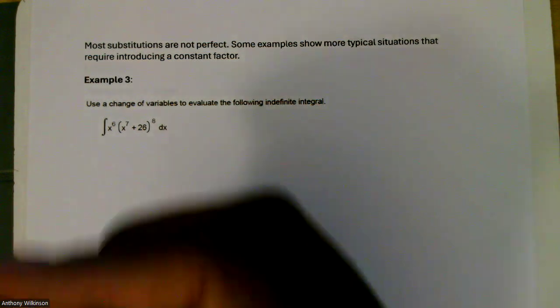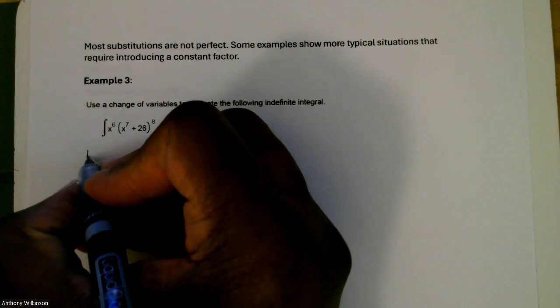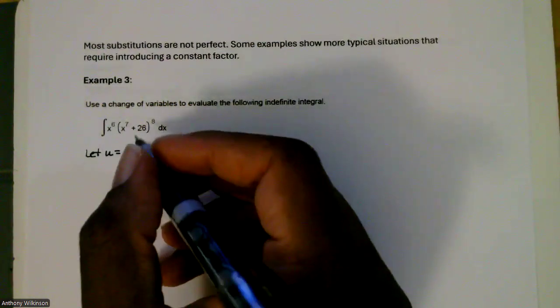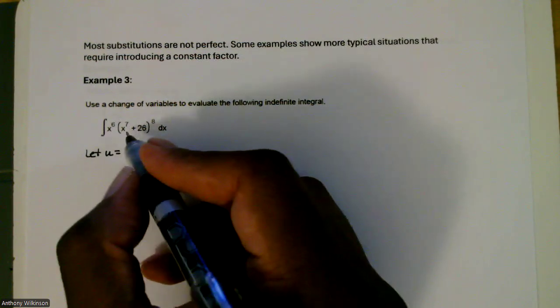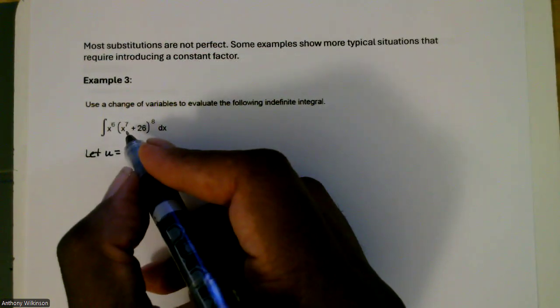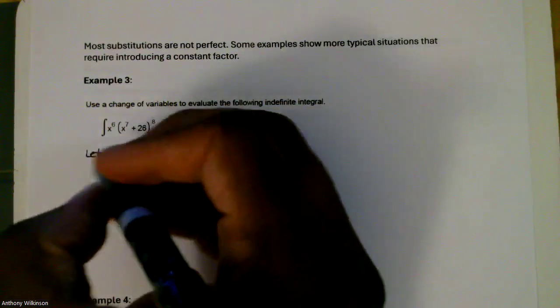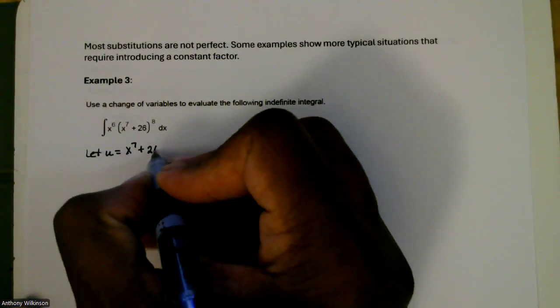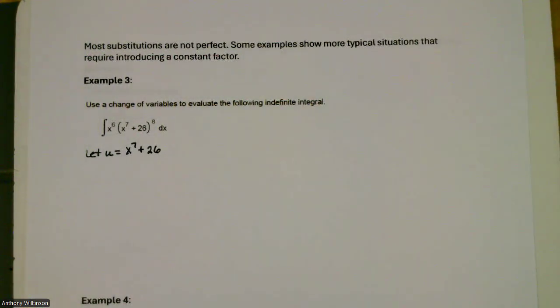All right, so here's what we need to do here. I'm going to let u be equal to, now in this case, I'm going to let the u be what's inside the parentheses here, x to the 7th plus 26. Okay. I'll let the more complicated expression be what u is, especially when it's in the parentheses.